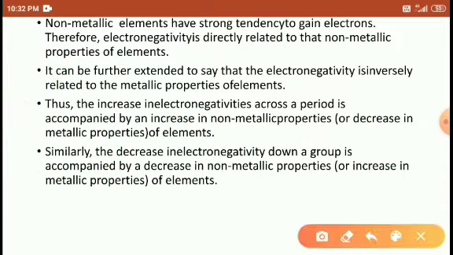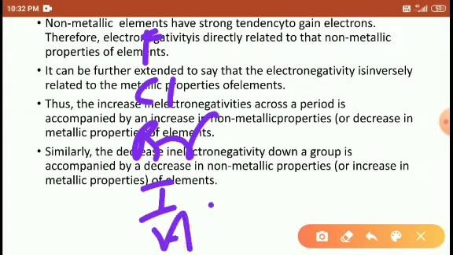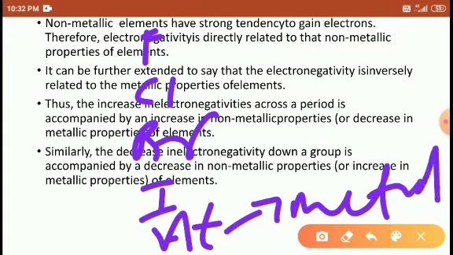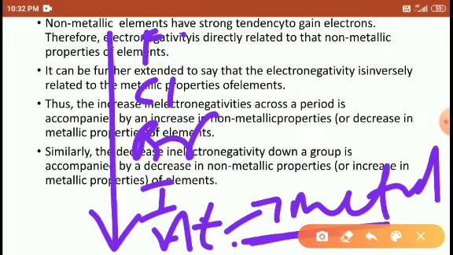When you compare, students, fluorine, chlorine, bromine, iodine, astatine. So astatine is the metal. When you move top to bottom, the metallic property increases here, right? When you move top to bottom, metallic property increases. Metallic property increases, electronegativity decreases.